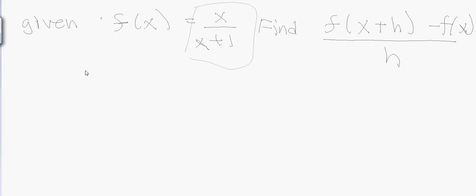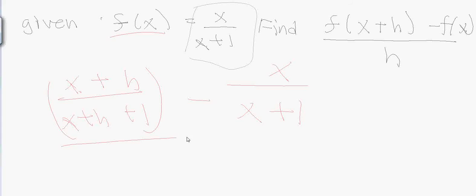So you'd get x plus h over x plus h plus 1. And that's what happens when you find f of x plus h using f of x, and then you're going to subtract f of x, which is just an unmodified x over x plus 1. And that's all over h.